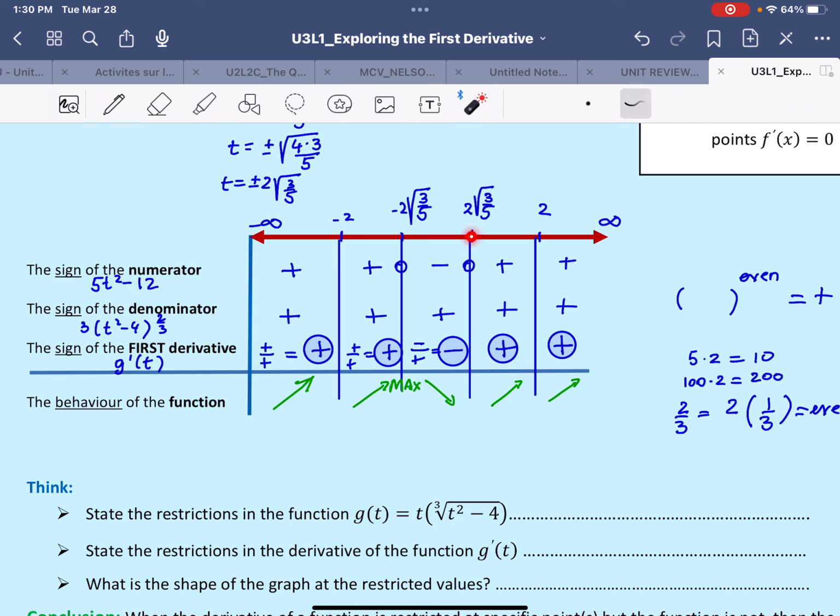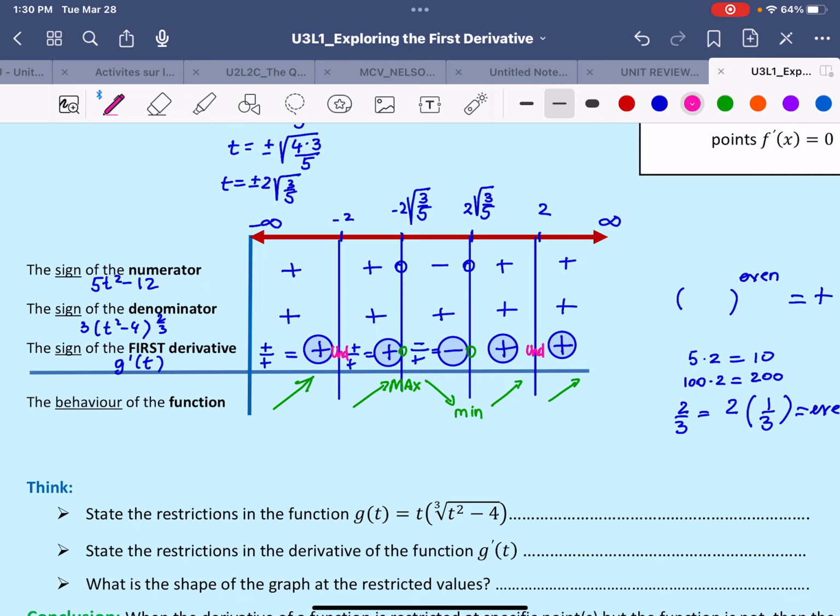And at x equals 2√3/5, the function goes from decreasing to increasing. So what that means is that the function will mark a minimum at x equals 2√3/5. Now, at these two points, the derivative of the function will be equal to exactly 0. And at x equals -2, the derivative of the function is undefined.